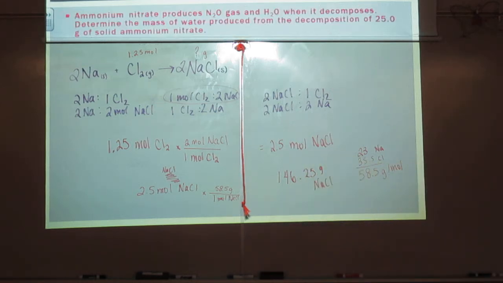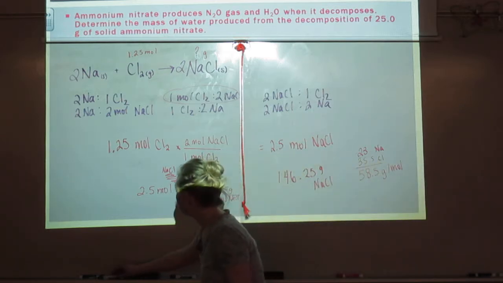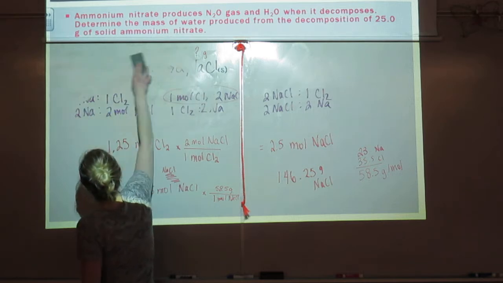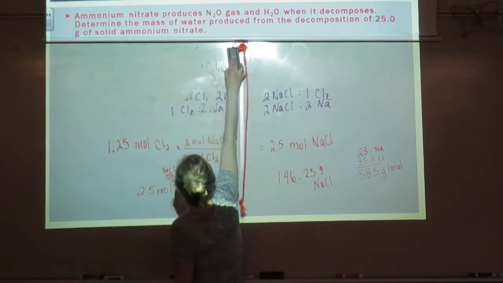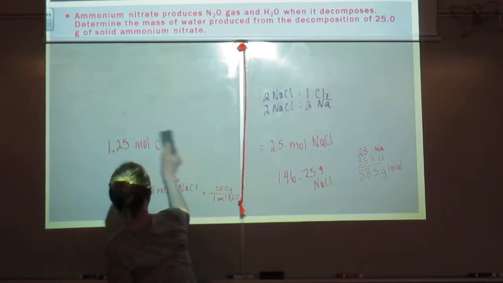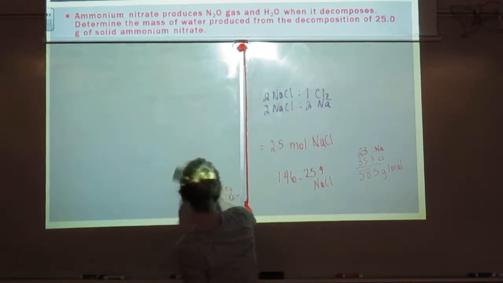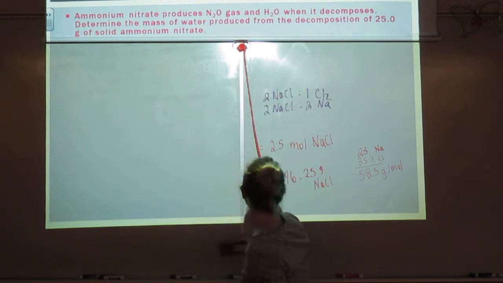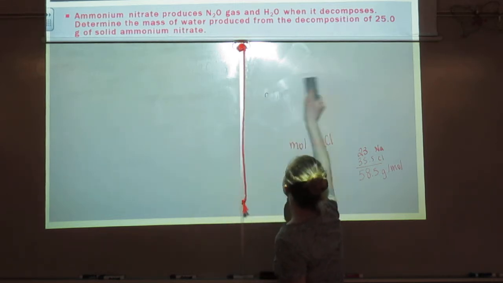All right. We can go over another example as needed. If you understand, you can feel free to stop the video and continue on with the rest of your life. But if you would like one other problem to help you get through, then I'll also walk you through this problem. Okay, we've got ammonium nitrate.